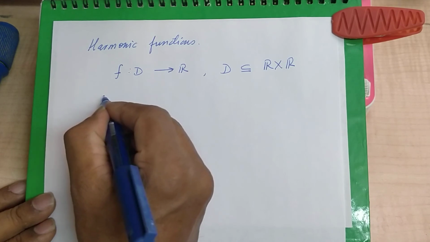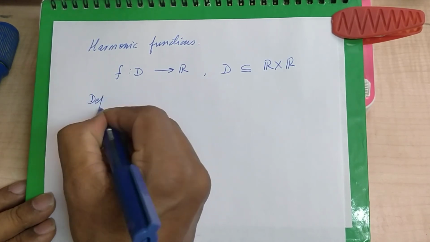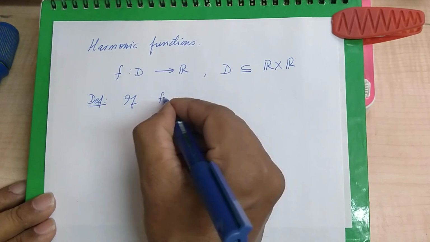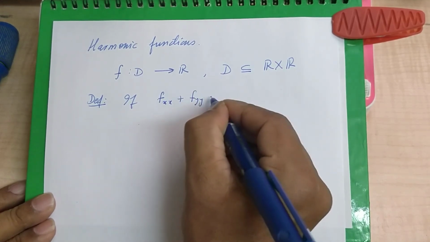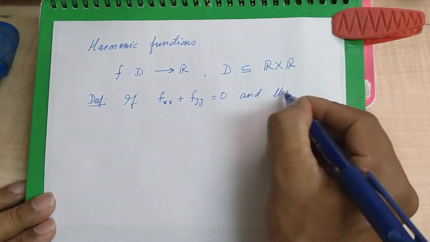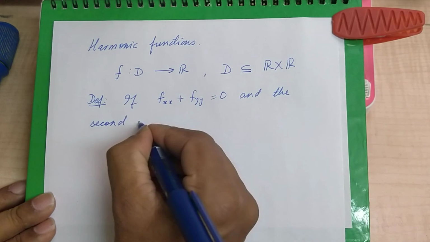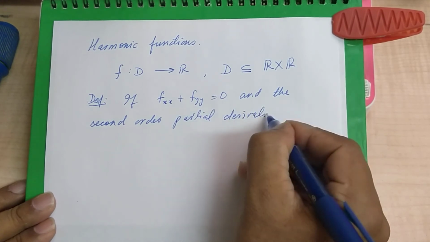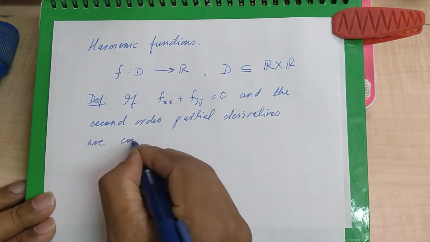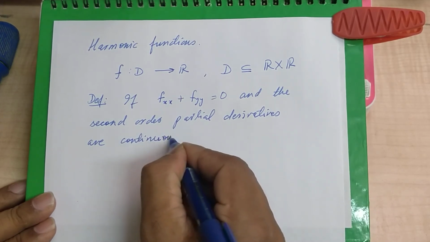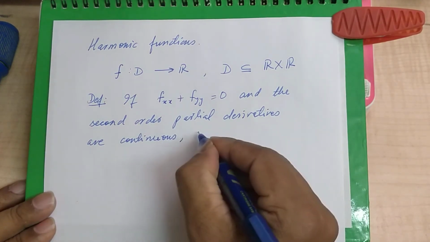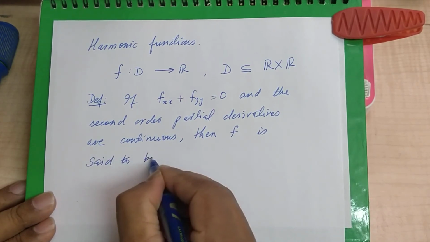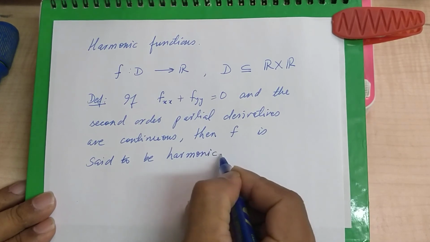If f_xx plus f_yy equals 0 and the second order partial derivatives are continuous, then f is said to be a harmonic function.